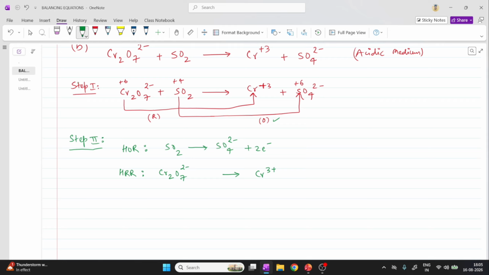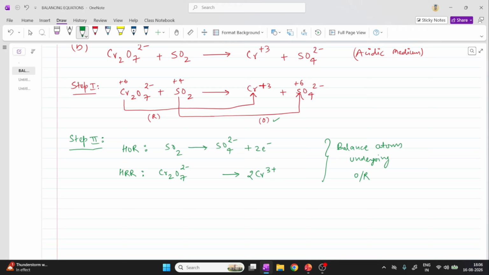So the first thing, as I have mentioned in a previous question also, is to balance the atoms undergoing oxidation and reduction. In this case sulfur is fine, but here it is Cr2 and this is Cr only. So first I will write 2Cr, because chromium has to be balanced.